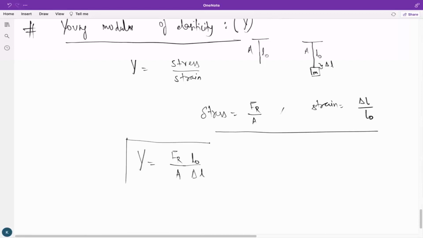So this is our Young modulus of elasticity formula, and it is also termed as a material constant.